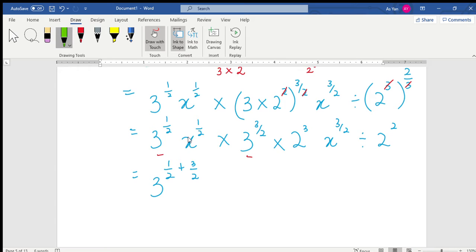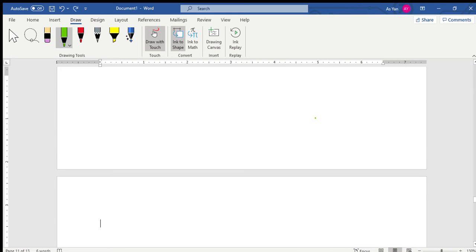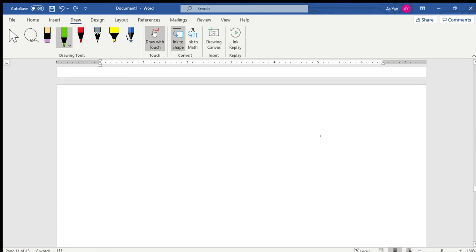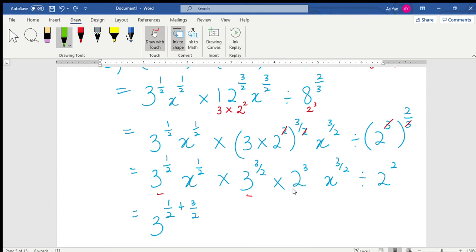We have 2, so times 2 to the power of 3.